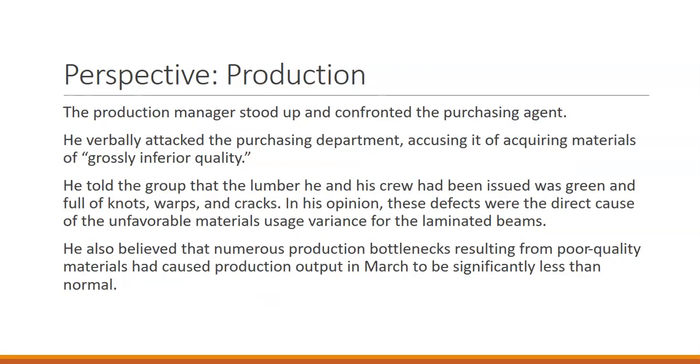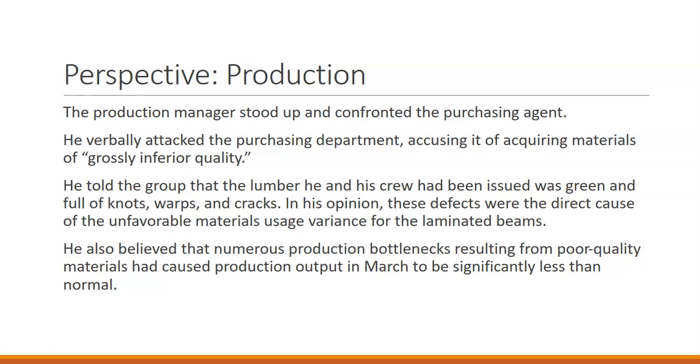However, the production manager isn't very impressed with this. He says that the materials that were purchased at such a discounted rate were of very inferior quality. Because of their inferior quality, he had overtime and production bottlenecks.